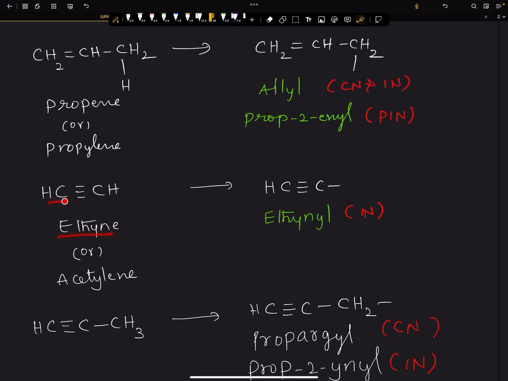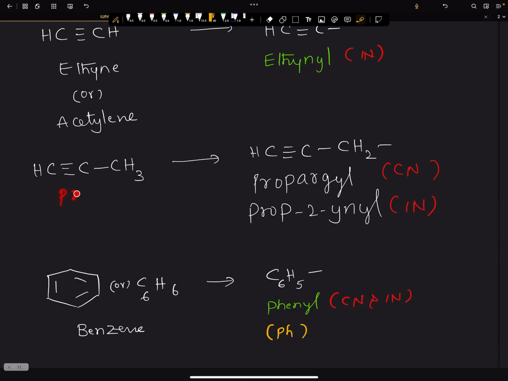Ethyne, CH triple bond CH, is the IUPAC name, or acetylene, which is a common name. If this hydrogen is removed, we get a group called eth, as there is a triple bond, yne, and as it is a substituent, yl: ethynyl, which is the IUPAC name.